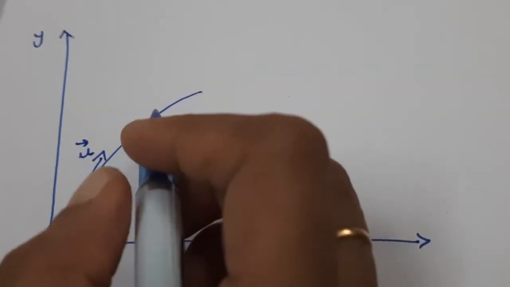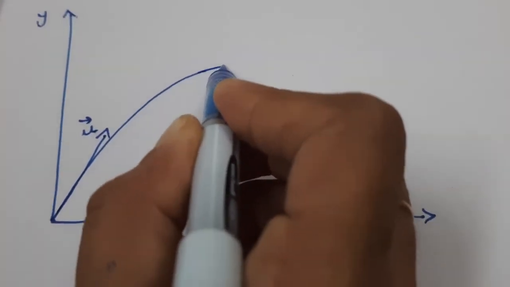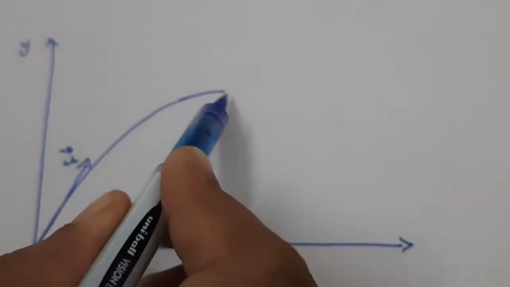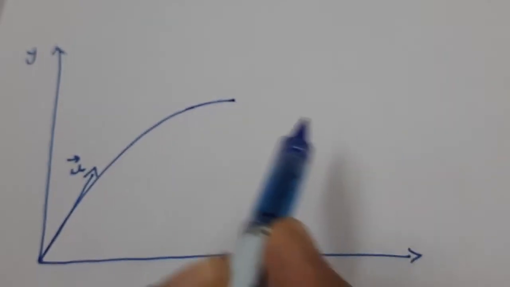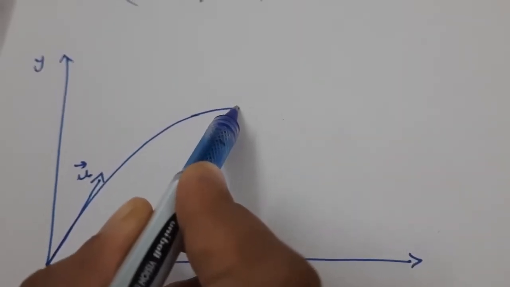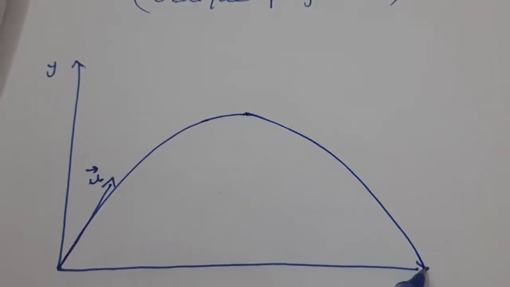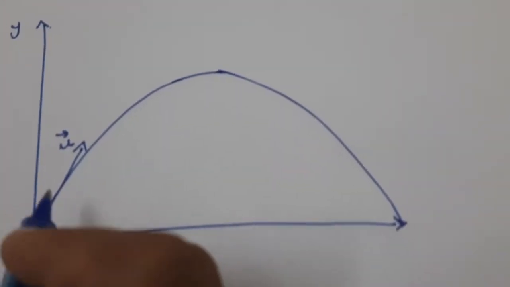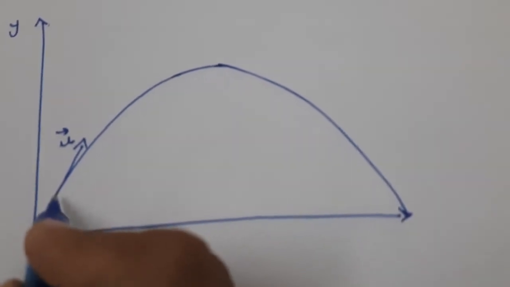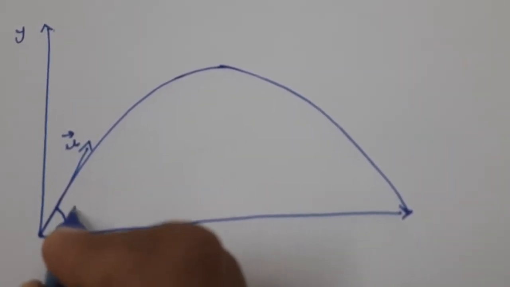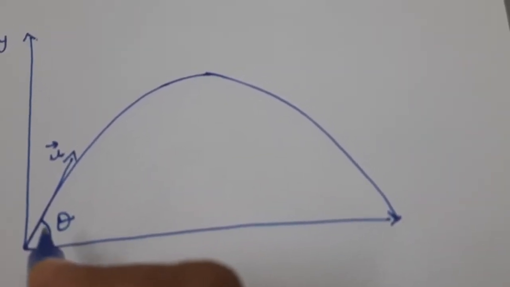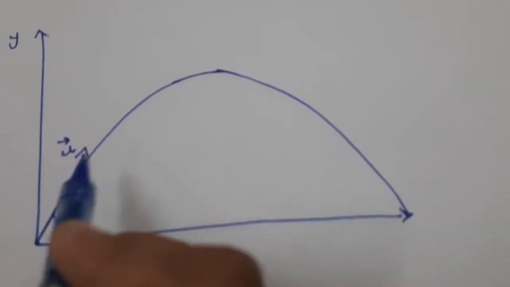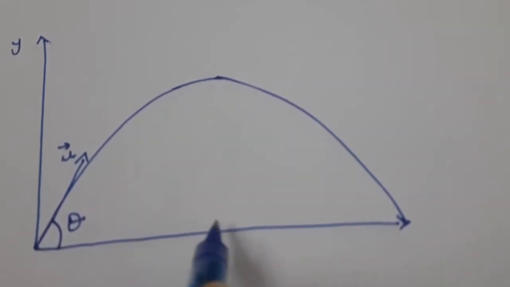The object goes up, reaches the maximum height, and under the action of the force of gravity, it reaches the ground. Here, this is an angle theta. So, an object is thrown with initial velocity u vector at an angle theta with the horizontal.